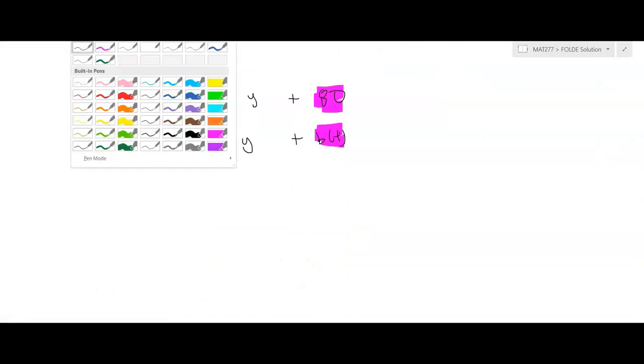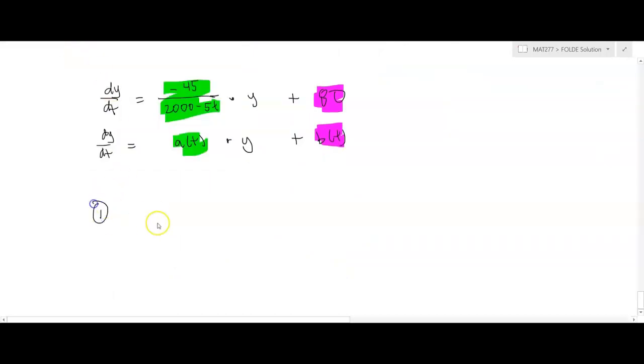We're ready to solve. So to solve, step 1, we have to calculate mu. You can write mu of t equals e to the negative integral of a of t dt, which equals e to the negative integral of negative 45 over 2,000 minus 5t dt. Again, we just have to focus on that integral right there.